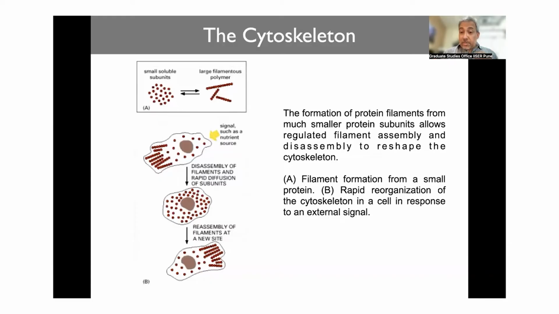So there is immense power in having one single subunit that can be assembled and disassembled into various structures. And the cytoskeleton is actually the original Lego block, if you ask me, right? Because it has been put together in this manner.